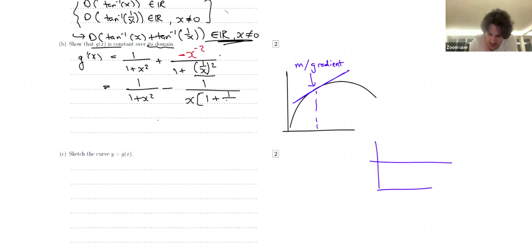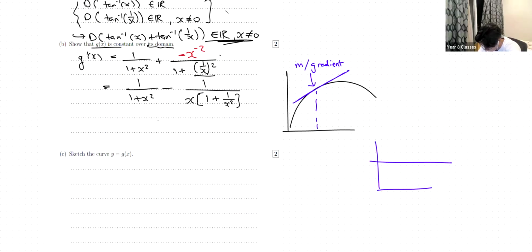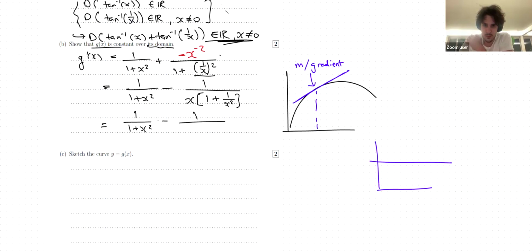Yeah, then it just becomes x squared plus 1. Sure, this should be x squared. Plus 1 and then that's just 0. So it's a constant. Yep.